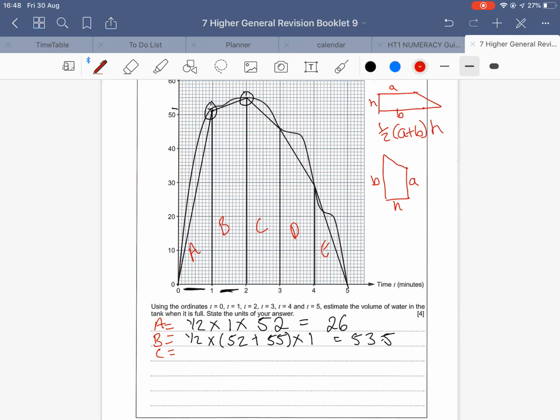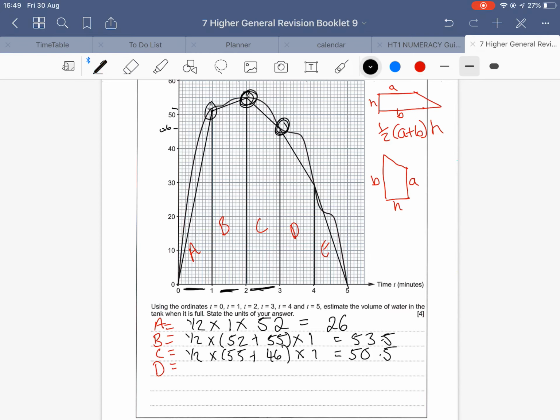So for C, we want this one and this one. So we got half times 55 from the previous one, plus, what does that go across there? 46, 2, 4, 6, yeah, that's 46 there. And then again, that height there is 1, so that gives me 50.5.